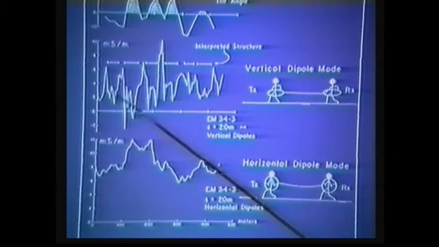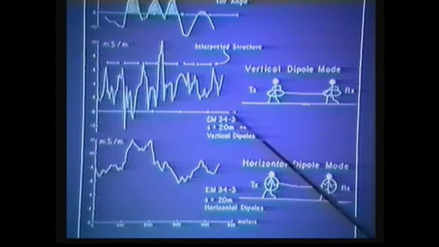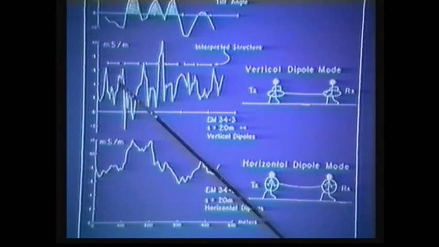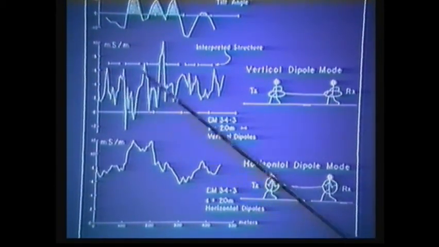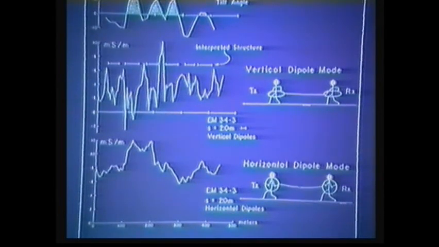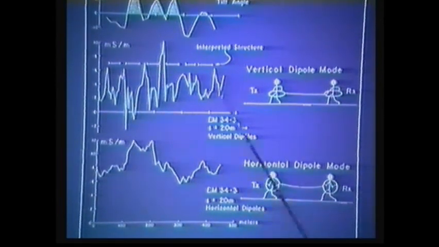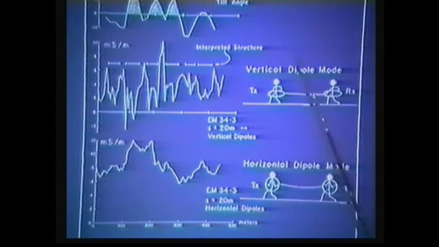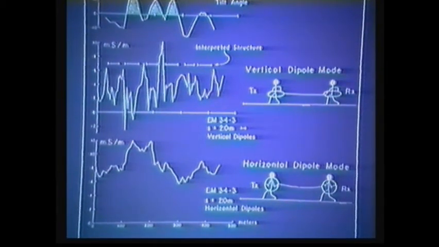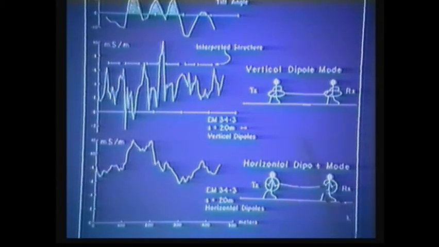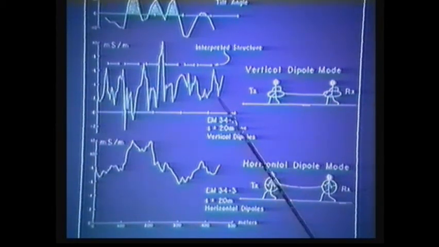This is the quadrature phase data along the survey line, and it is truly a dog's breakfast. It's just going up and down. It's going up and down within a few meters. The intercoil spacing here was 20 meters. If I moved 1 meter, I could get a factor of 3 change in the meter reading.